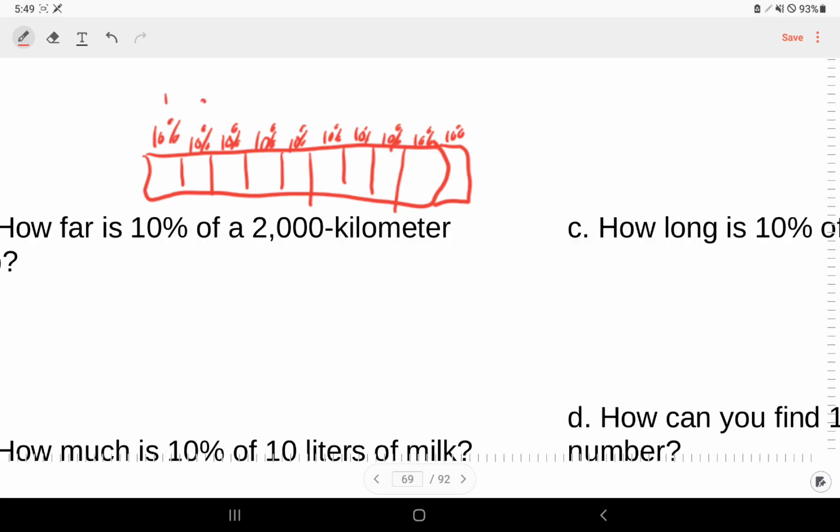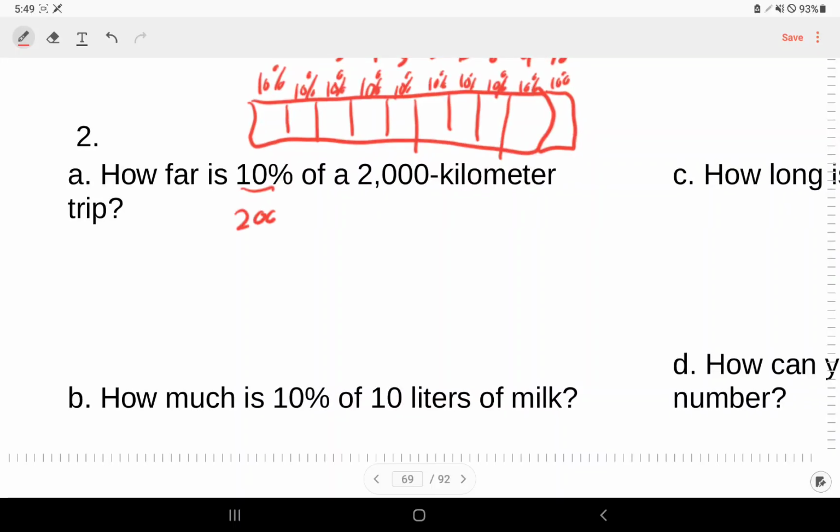So I've got 1, 2, 3, 4, 5, 6, 7, 8, 9, 10 tens. So if I want 10%, I divide by 10.